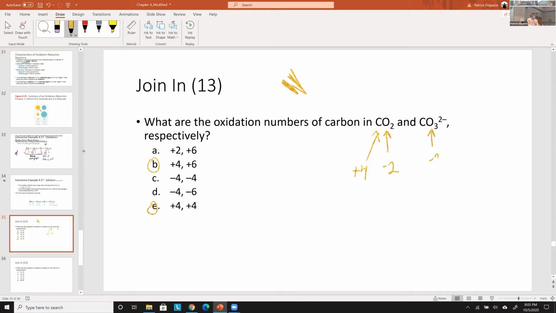So oxygen is still -2, but -2 times 3 equals -6. And we need to add whatever carbon is to -6 to make it -2. So what would that be? Good, yeah, +4 again. So the answer is B.